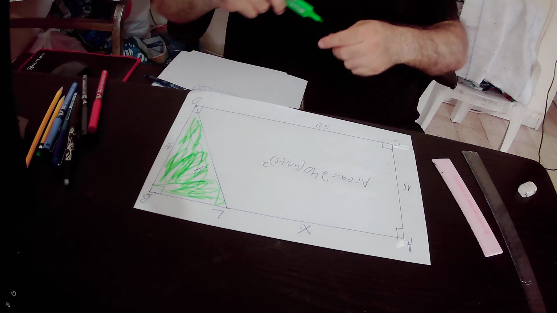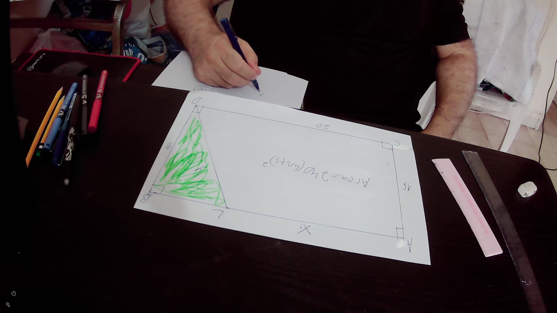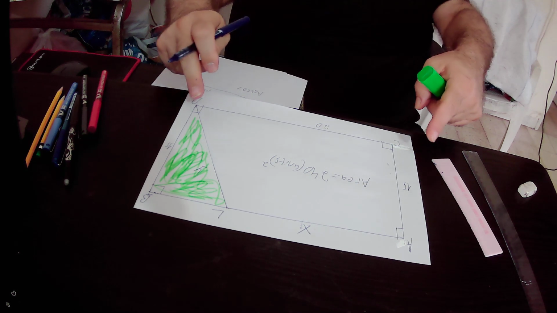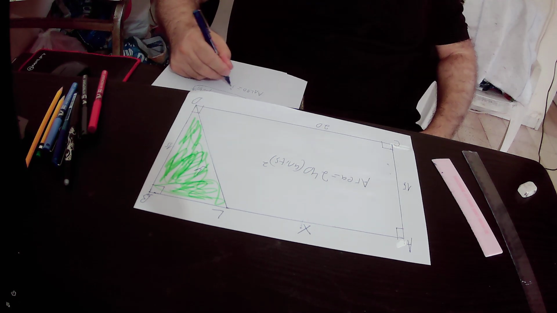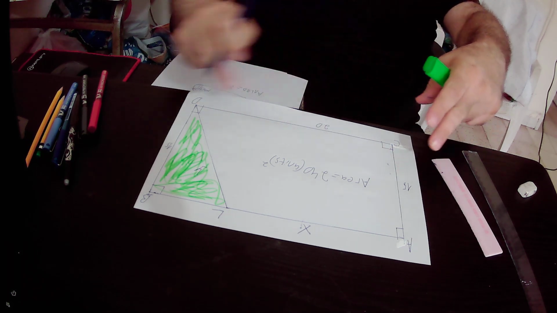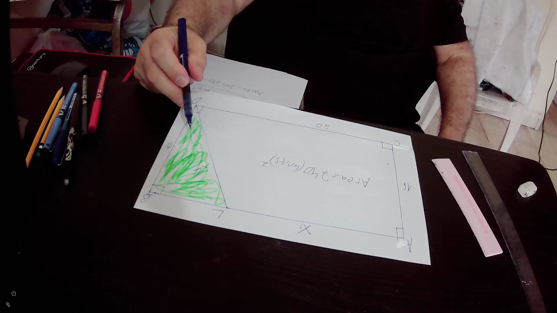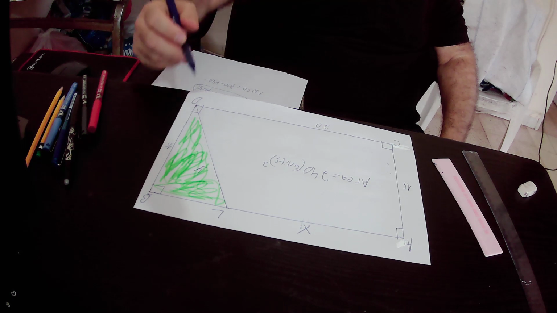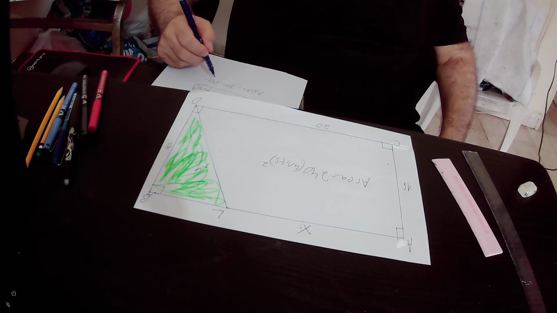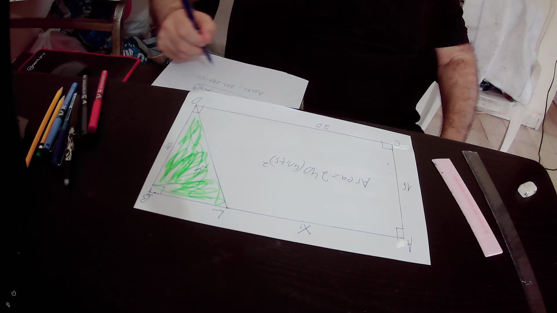The area of this green right triangle equals the area of the rectangle, that is 300 units squared, minus the area of the shape ALCD, that is 240 units squared. So the area of the green right triangle equals 300 minus 240, that is to say 60 units squared.